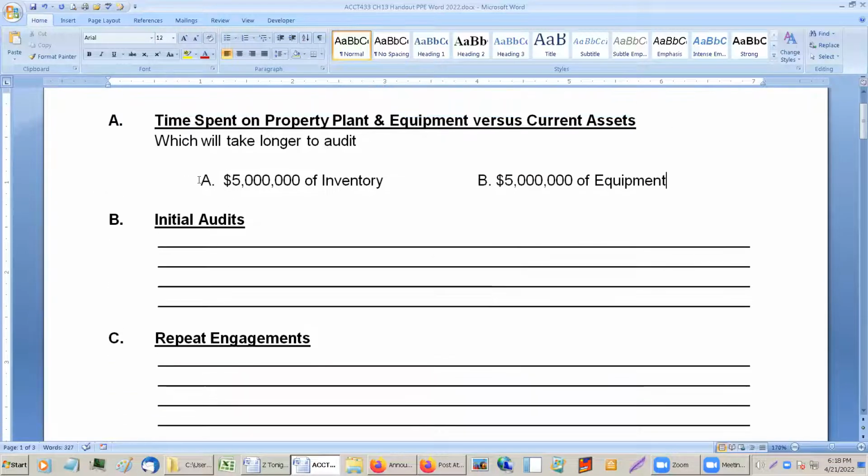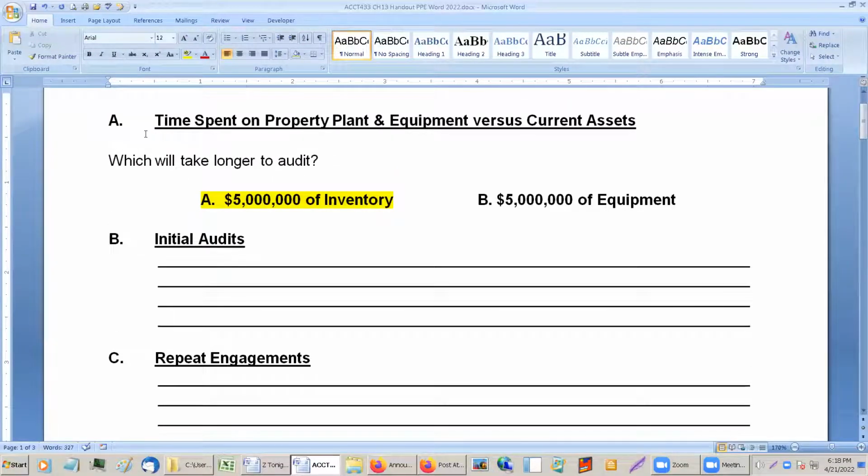Okay, which will take longer to audit? Probably inventory. Yeah, inventory will take longer to audit. You get a lot more of them, hundreds of them.